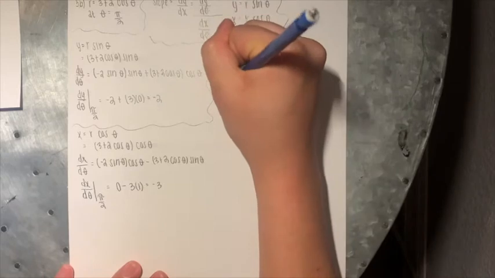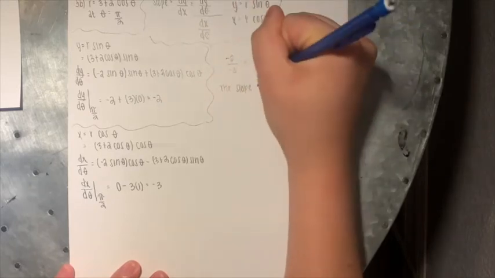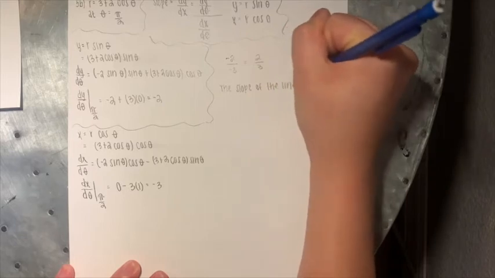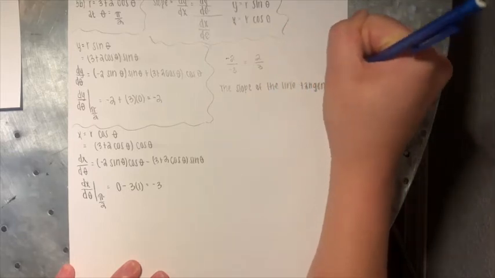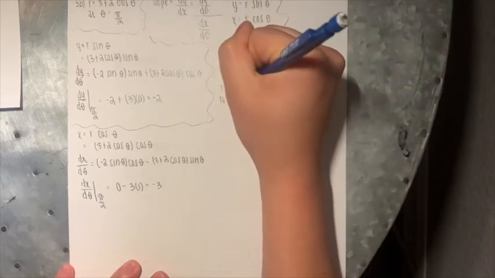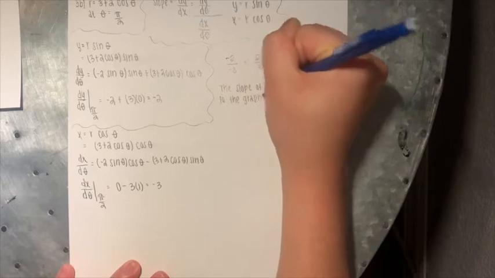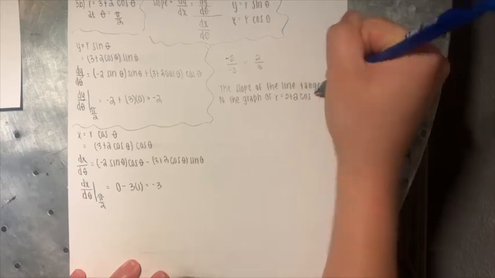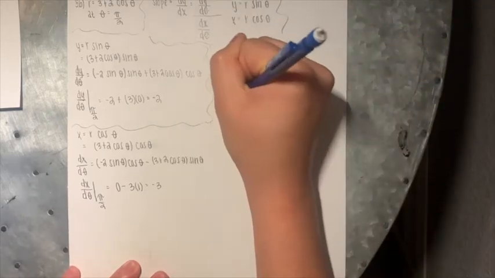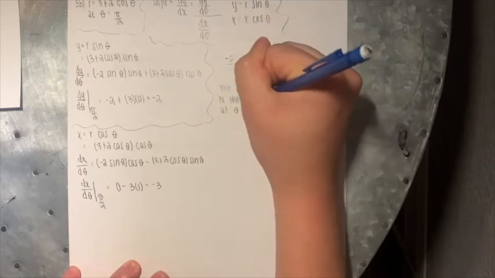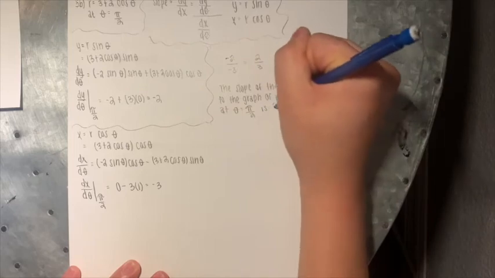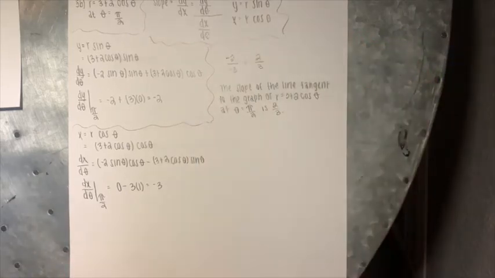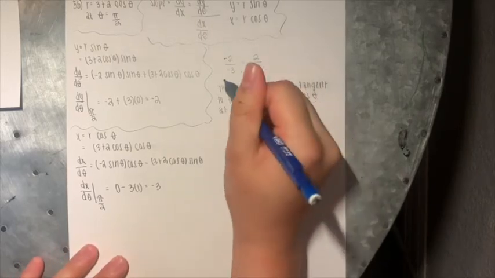So I'm going to say the slope of the line tangent to the graph of r equals 3 plus 2 cosine theta at theta equals pi over 2 is 2/3. I'll box that.